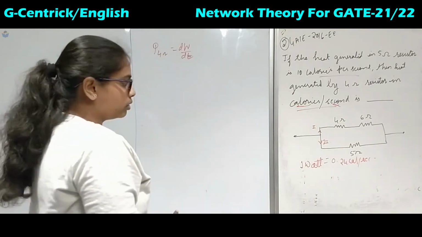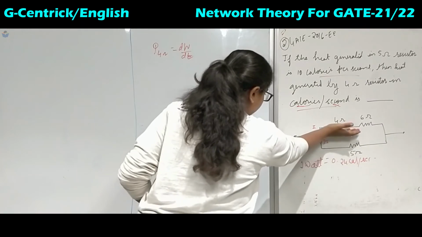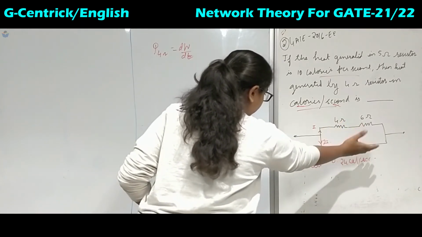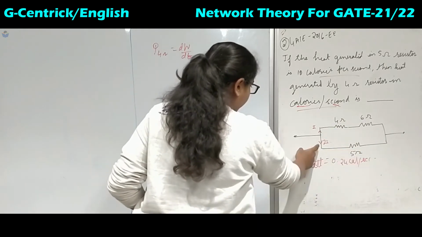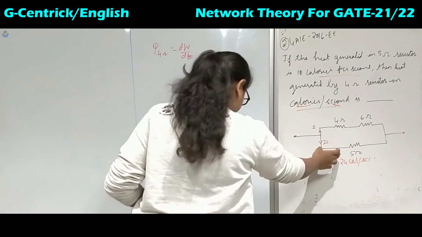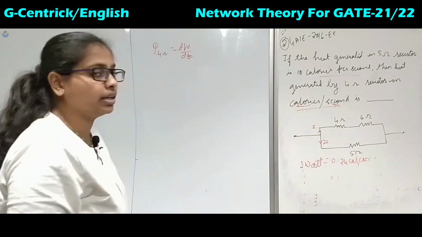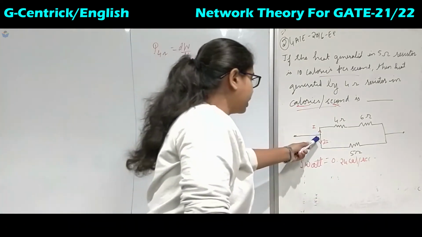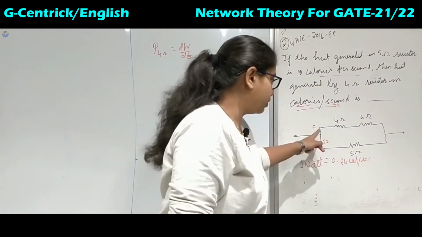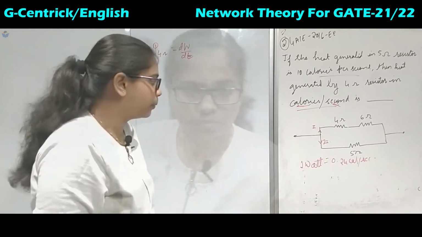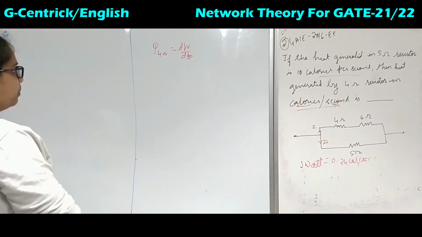So this is 2I and this is 5 ohm, because the 10 ohm is a series connection and half of that is the 5 ohm which is connected in parallel. When it is connected in parallel with half the value of the resistor, the current takes the least resistive path, so the current will be 2 times I. If there is any other value, then you cannot take it as 2I.